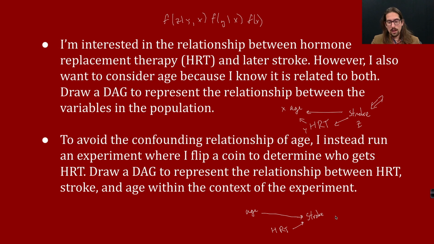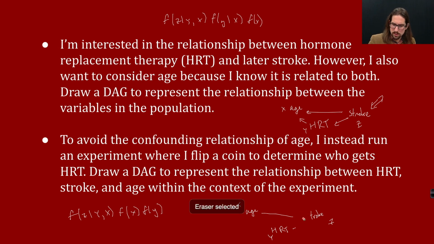But here, I can't exactly do that. So here I just have f of, so let's call this one, again, Z and X and Y if I want to just abbreviate. Here, all I know is that we have this. And now I can't put a new arrow here, or actually, I can't totally reverse these things either.